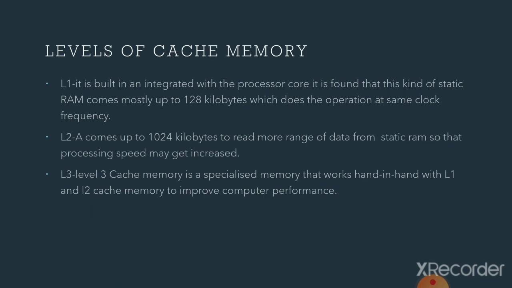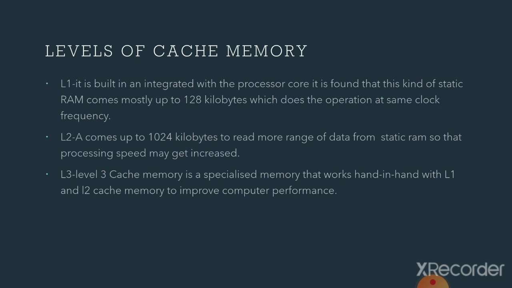In most computers or devices, L1 cache is built into the processor itself, and it may be of size 128 kilobytes. So it stores fewer instructions, but access time is very low.